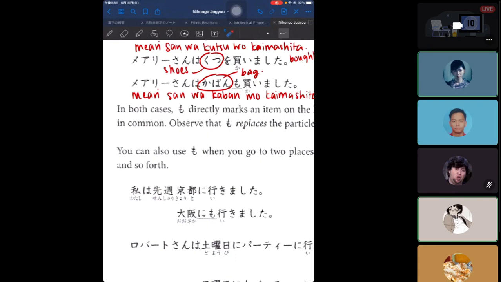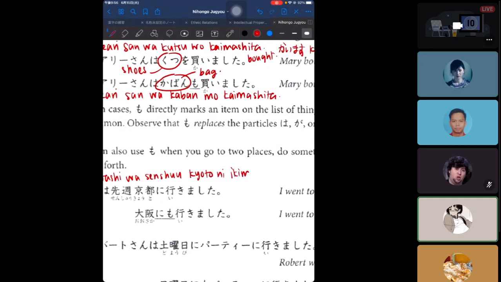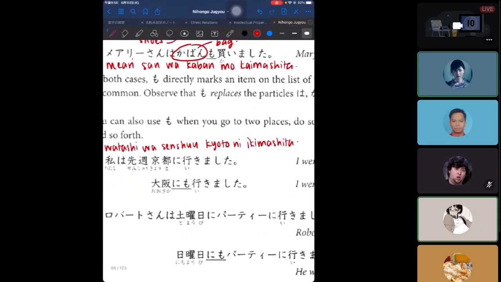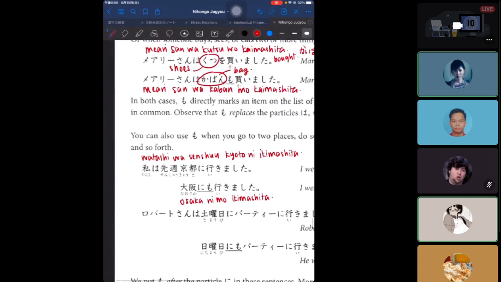Okay, I'll try. 私は先週、京都に行きました。大阪にも行きました。 そうそうそうそう。So the reason why they can use mo even though the places are different is because they are using the same verb at the end, which is to go, or in this case, went.